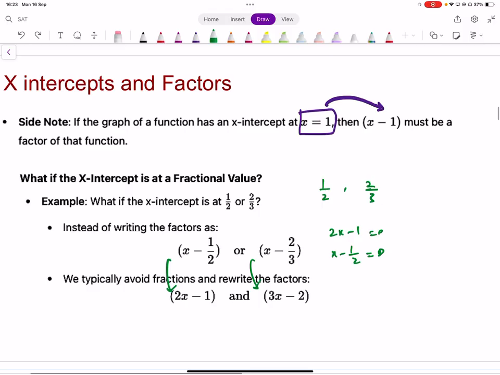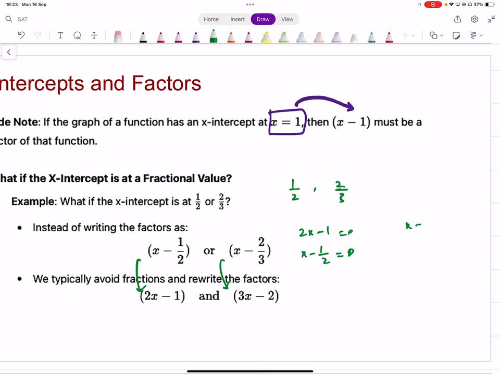Similarly, 2/3 can come from x minus 2/3, and it can also come from 3x minus 2. We prefer the one that is without a fraction. So mostly in the expressions that they give in the options, they would have factors like this and this instead. Is that okay?